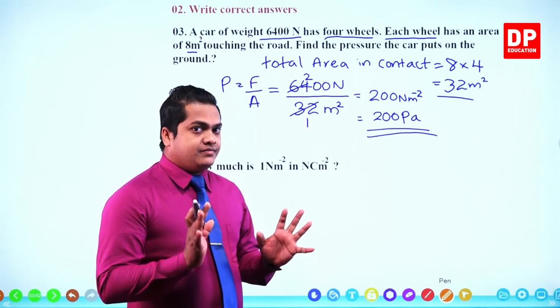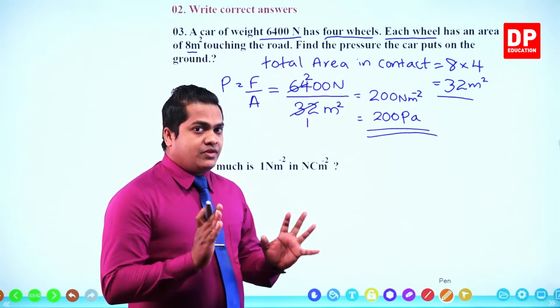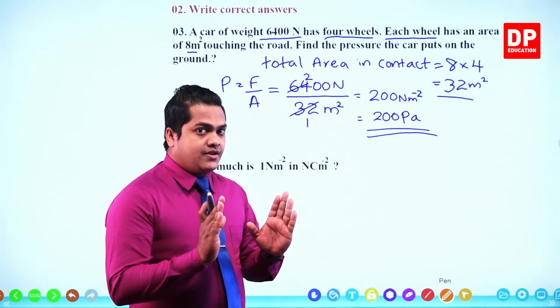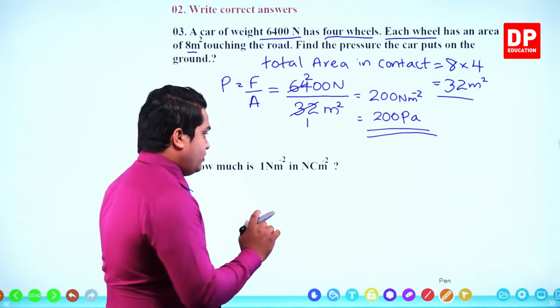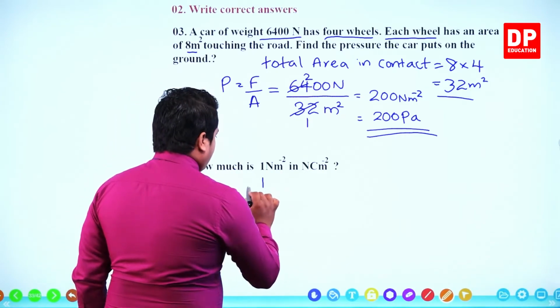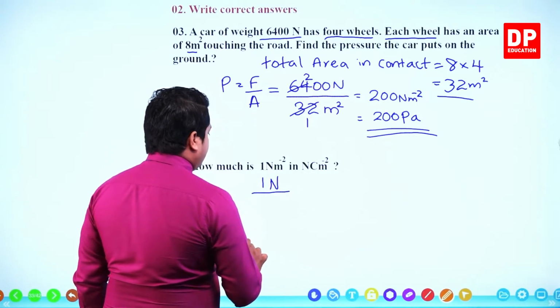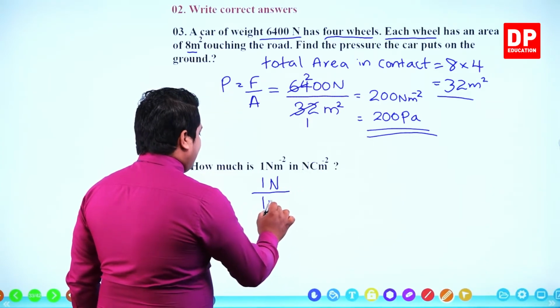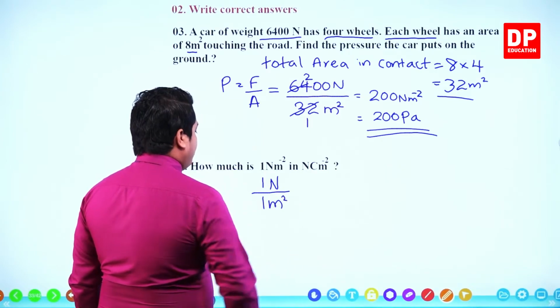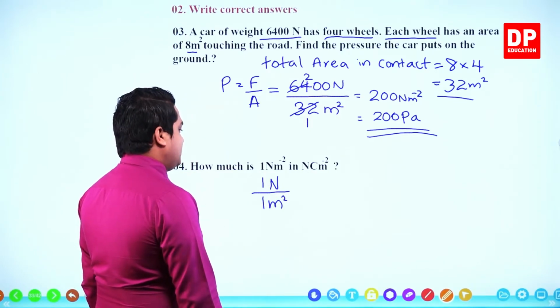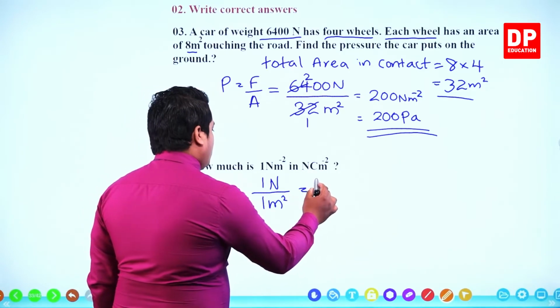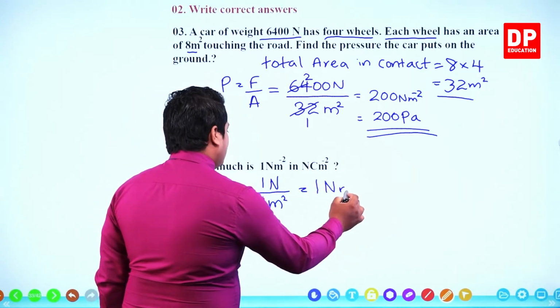So my dear children, listen to me quite carefully in this, okay? We know that 1 Newton per square meter is created by dividing 1 Newton by 1 square meter.